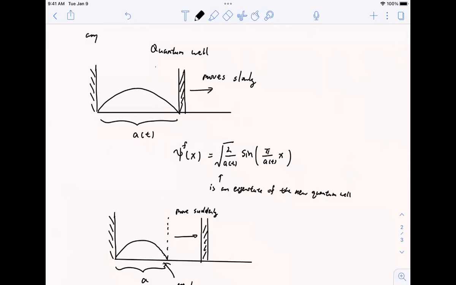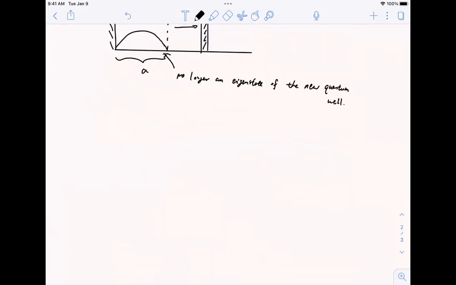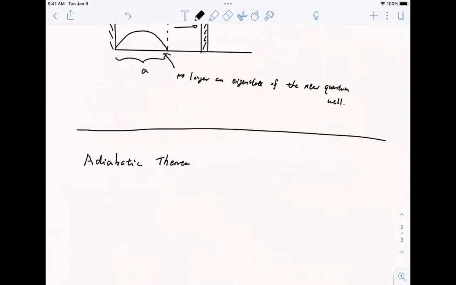Okay, so now we come to this adiabatic theorem. And then we're going to prove it, okay? So what is an adiabatic theorem?